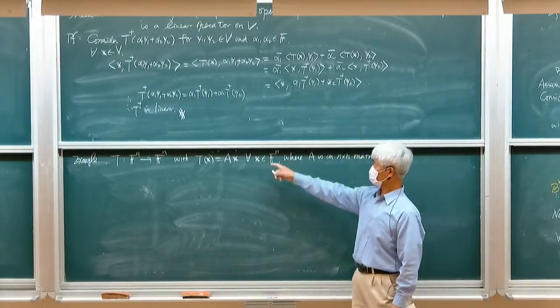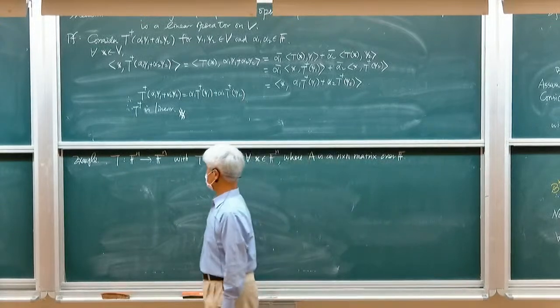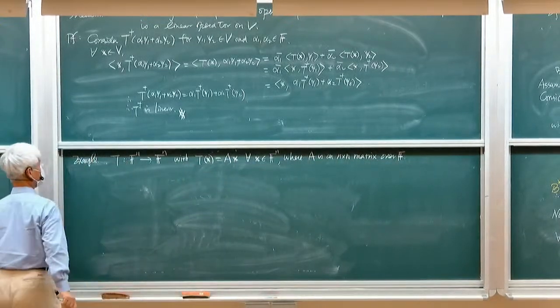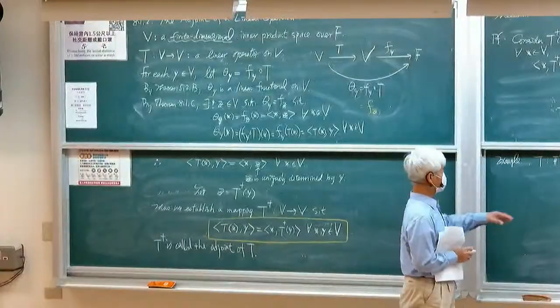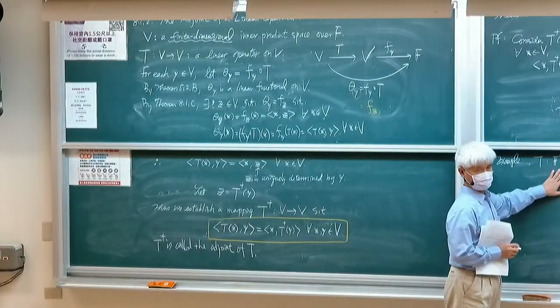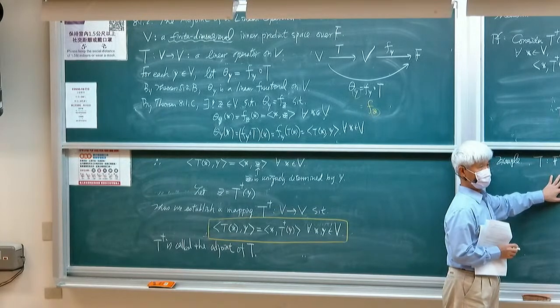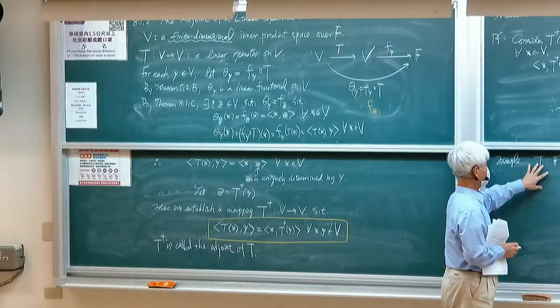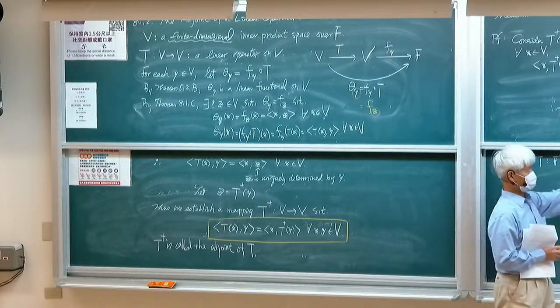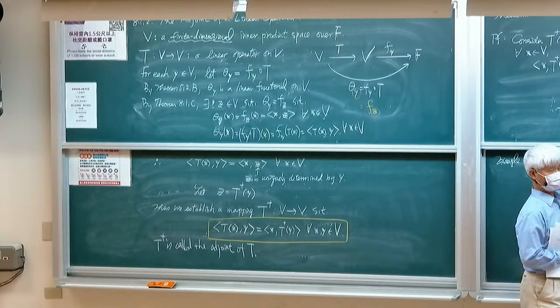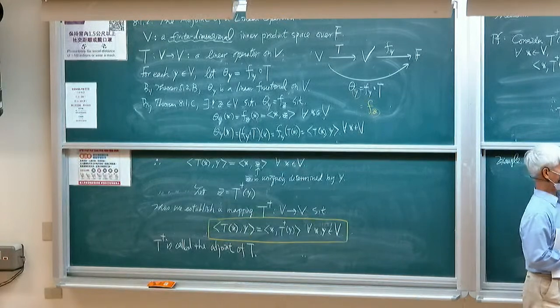So this is a general linear operator on Euclidean space, right? Because as we proved in chapter 3, every linear operator on the Euclidean space is of this form. We can find a matrix A here.